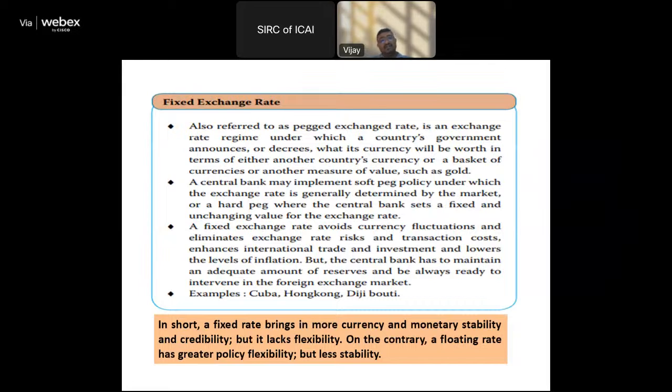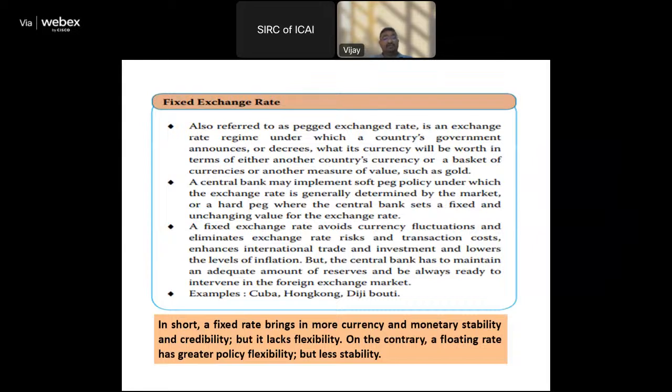For this fixed exchange rate regime, I need to maintain a reserve to eliminate exchange rate risk. A fixed exchange rate brings more monetary stability and credibility, but it lacks flexibility.